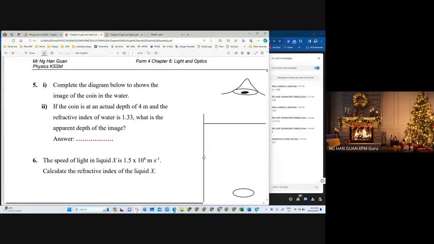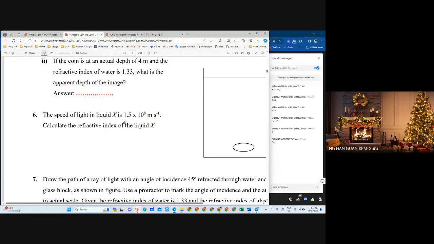Nowadays SPM, the safer answer is 3.008. So we don't round off to only 3, or give 3.01. It's better to give an answer like 3.0075. So it's better that you give a 3 decimal places answer. 3.008, safer. Okay, 3.008 meters.